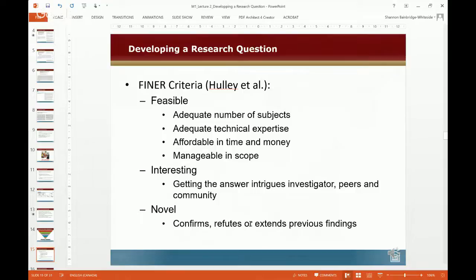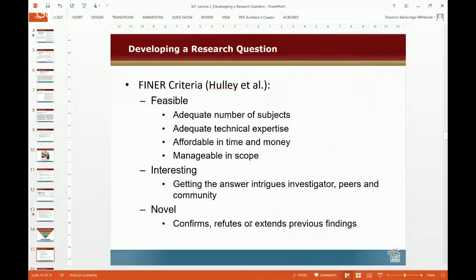So for example, if you were very interested in a very, very rare genetic disorder where 1 in 50 million kids are getting this disease, is it feasible that you could actually conduct a study here in Canada with a reasonable amount of money and time to actually understand what's going on with this disease?